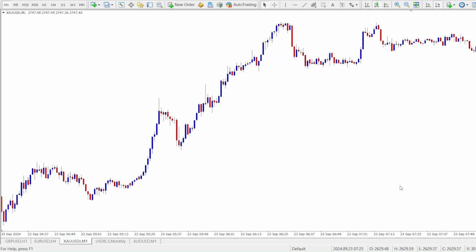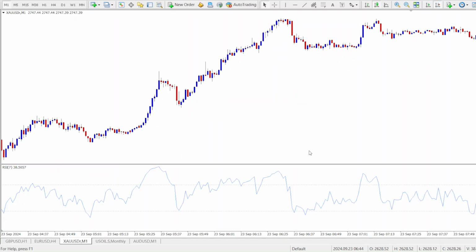So first off, let's quickly go over what the RSI, or the relative strength index, actually is. Okay, so let me add the RSI to the chart. The RSI is a momentum oscillator that measures the speed and change of price movements.